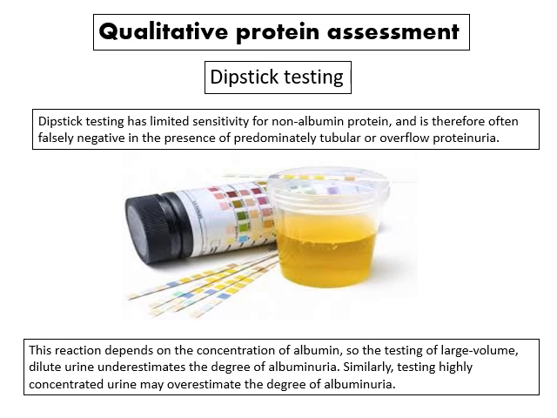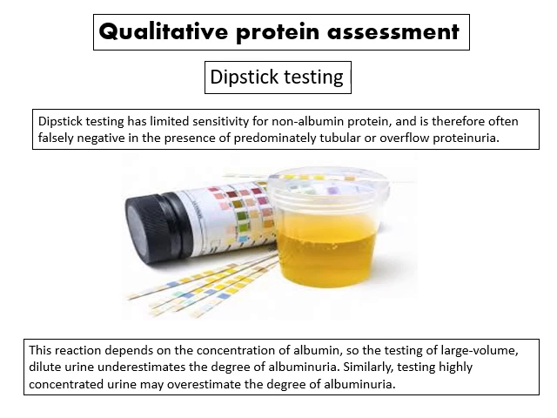Protein assessment in nephrotic syndrome includes qualitative and quantitative protein assessment. The commonest method for qualitative protein assessment is dipstick testing. This dipstick testing has limited sensitivity for non-albumin protein, so it only checks for albumin, and therefore is falsely negative in the presence of other causes of proteinuria, as mentioned before, in tubular proteinuria or overflow proteinuria.